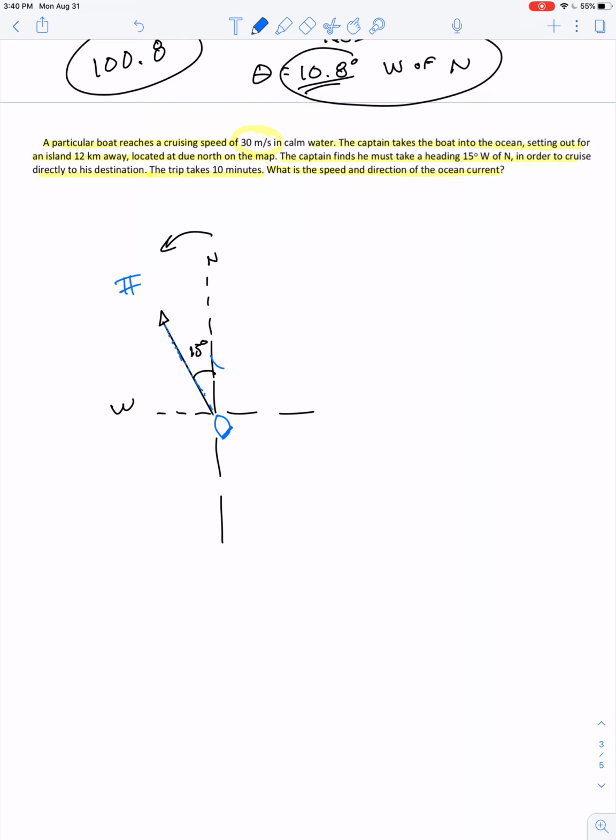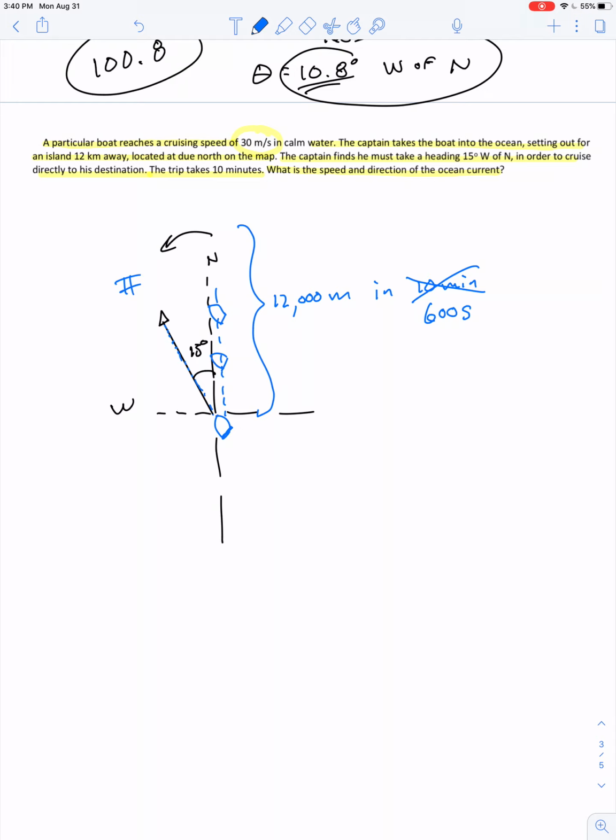It actually continues to point its nose along that direction, but its actual displacement is just this steady northward drift until it reaches a destination 12,000 meters away in a time of 10 minutes, or maybe better stated as 600 seconds.